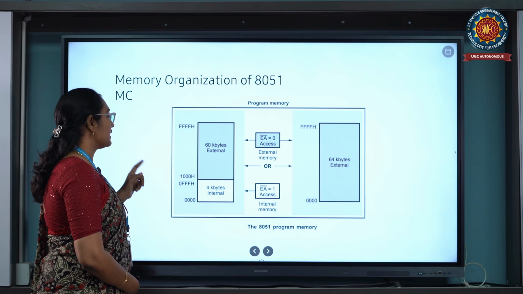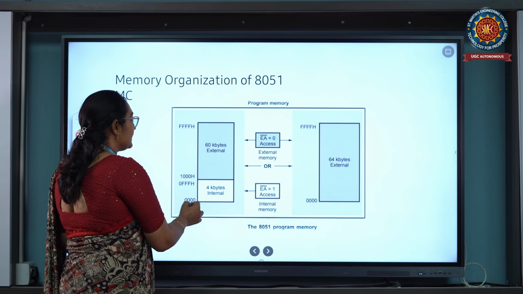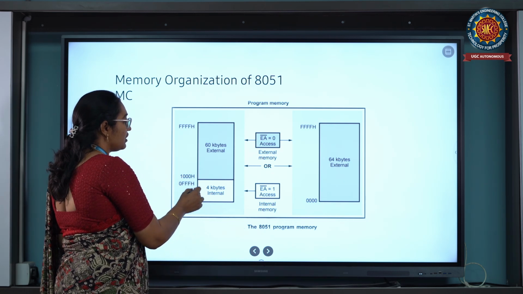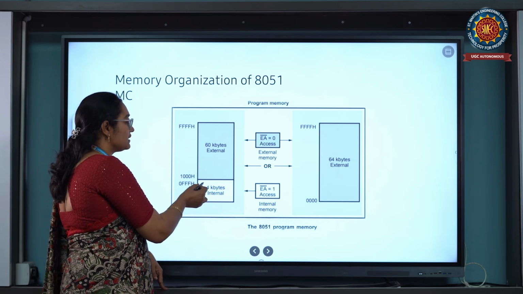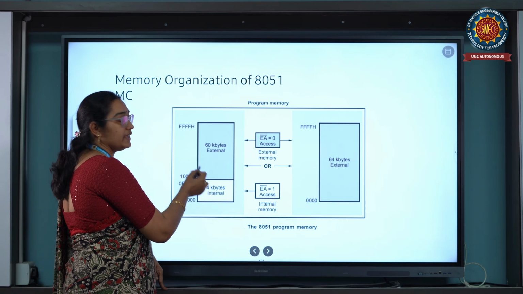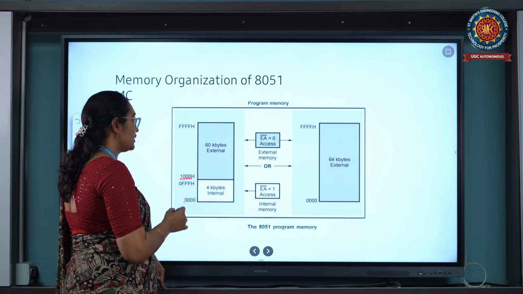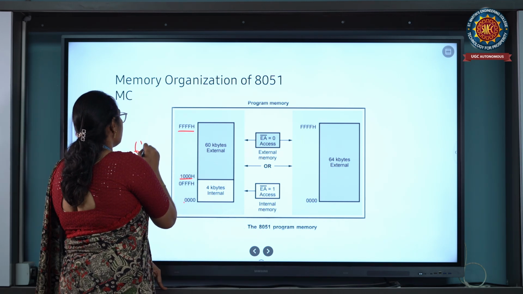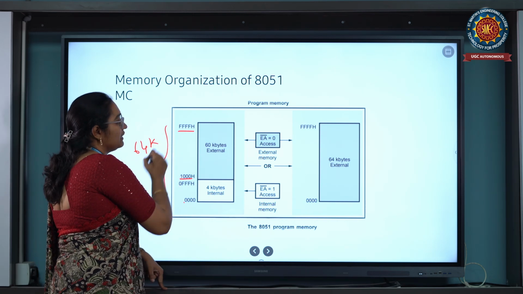The 8051 microcontroller, as we know, has 4 kilobytes of internal memory, which ranges from 0000 to 0FFFH. When the user writes instructions beyond these 4 kilobytes, he uses the 60 kilobytes of external memory, which ranges from 1000H to FFFFH, a total of 64 kilobytes, represented in hexadecimal numbers.